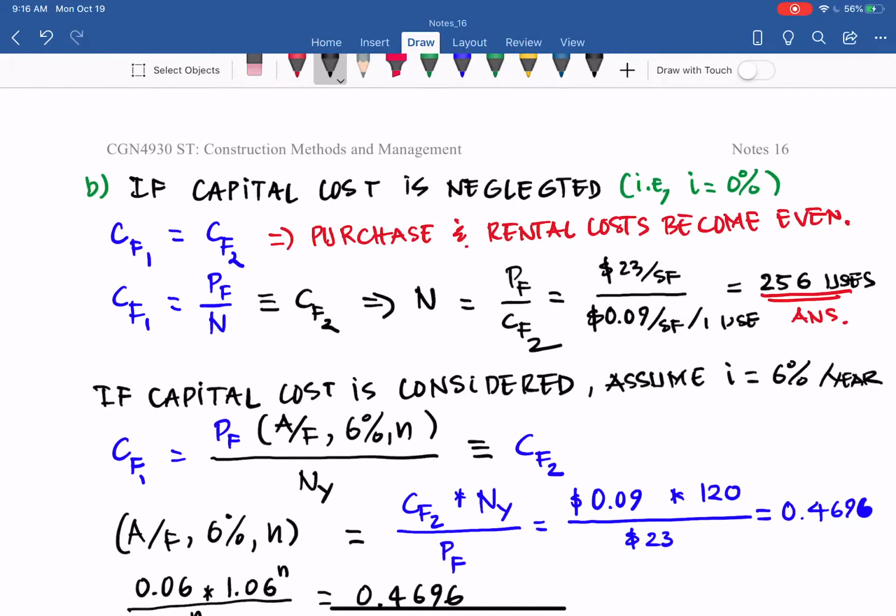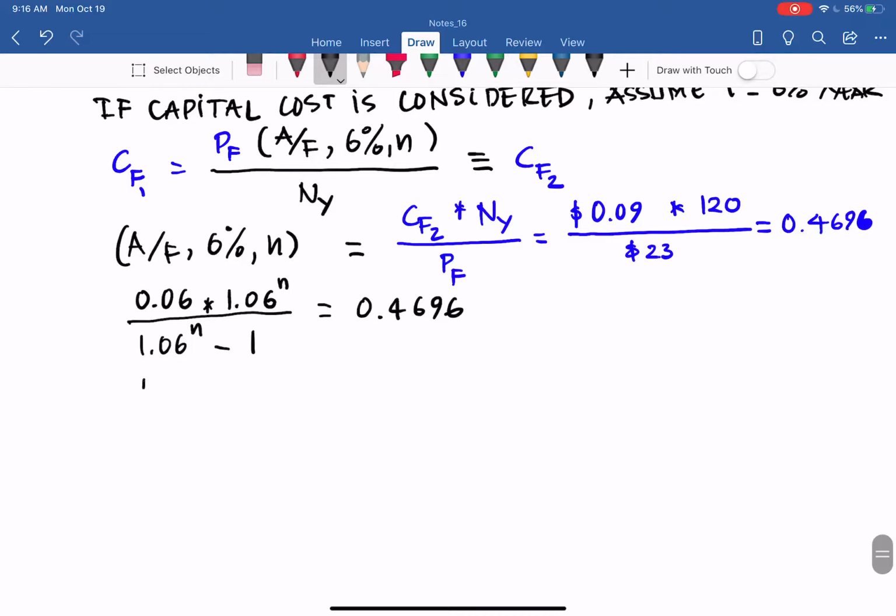With that, we can simplify and write out 1.06 power n equal to 1.1465.